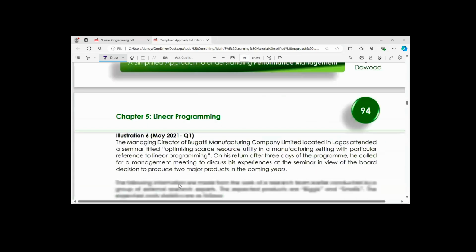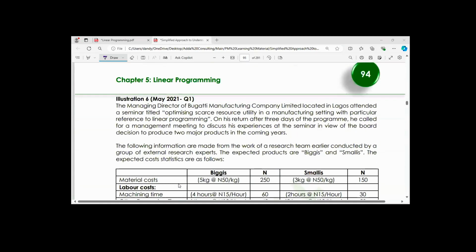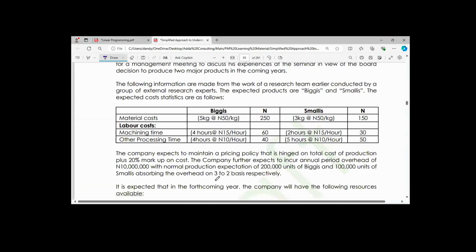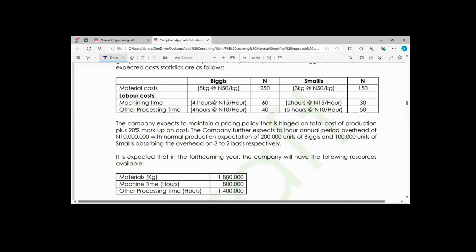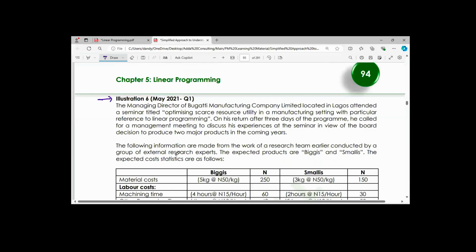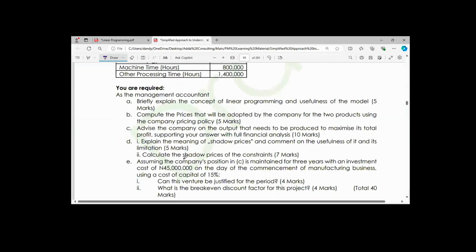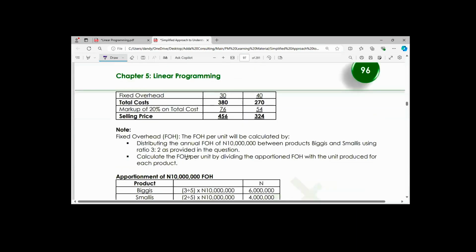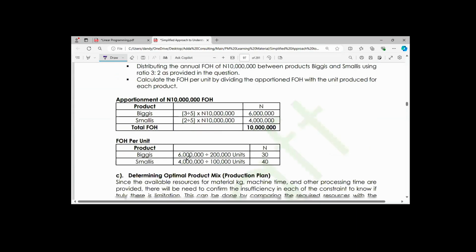Not this one. This particular question has been tested twice by ICAN. The last one was 2021. Same question. I'm actually mistaken.